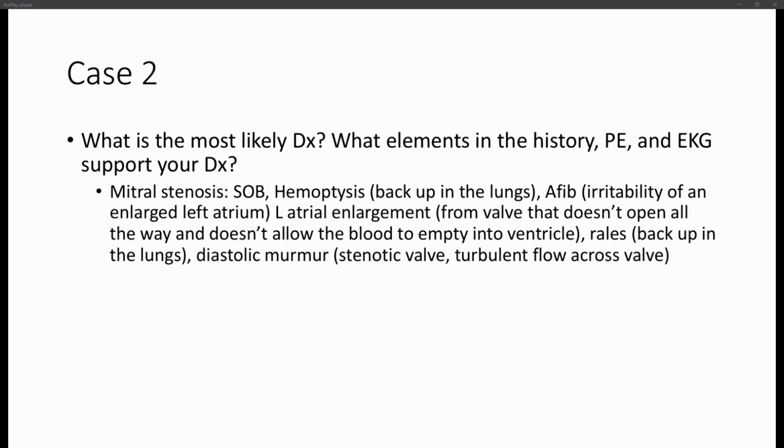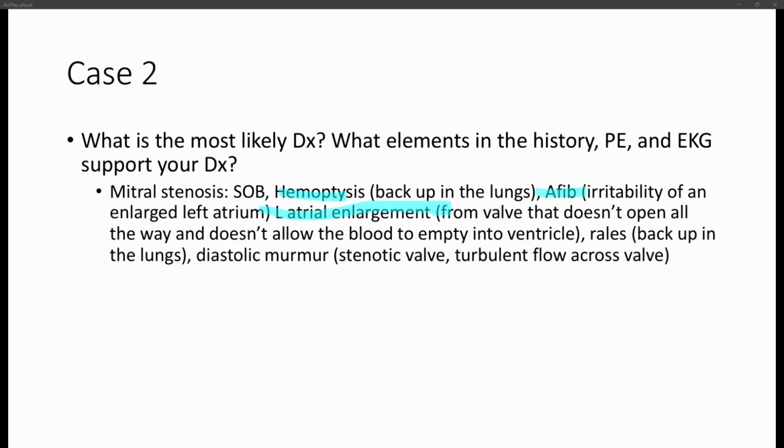AFib. Okay. The left atrium gets enlarged. Enlarged chambers don't react well. And the left atrium is where a lot of the atrial fibrillation foci come from. That's why they have atrial fibrillation. Left atrial enlargement, because the valve doesn't open up all the way.